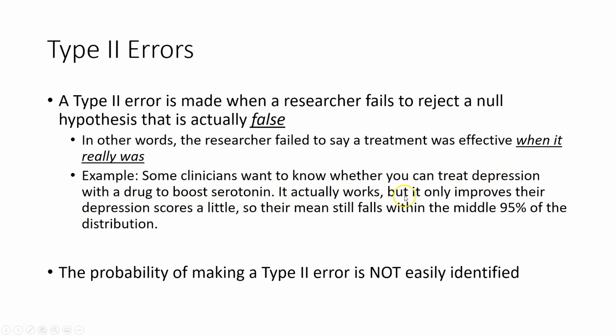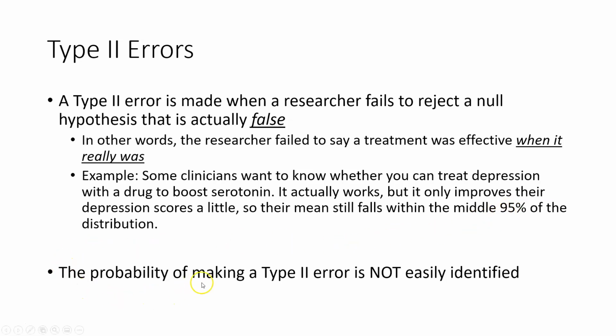It actually works, but it only improves their depression scores a little bit, so their mean still falls within that middle 95% of the distribution, and the researchers say, the treatment didn't work. The mean is about what everybody else's depression scores are typically, even without the serotonin.